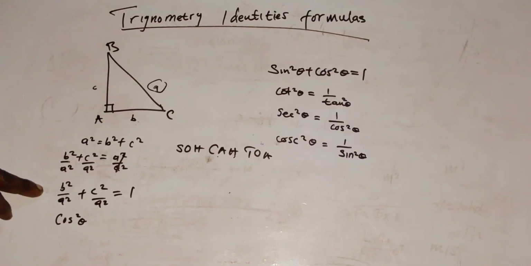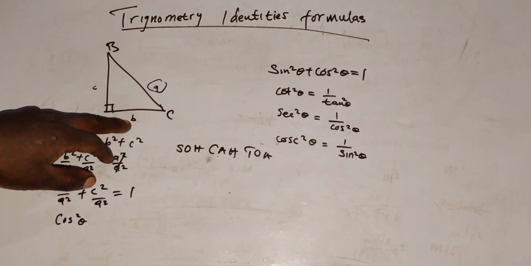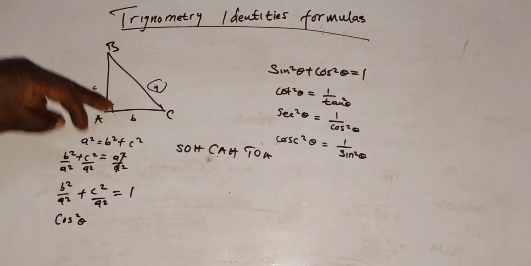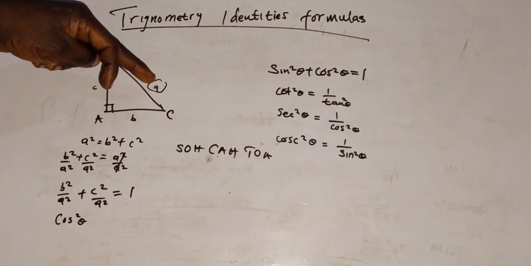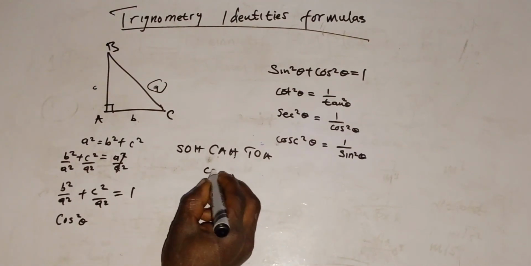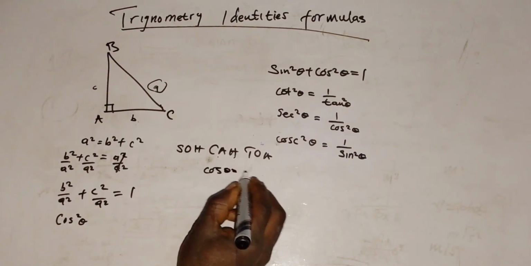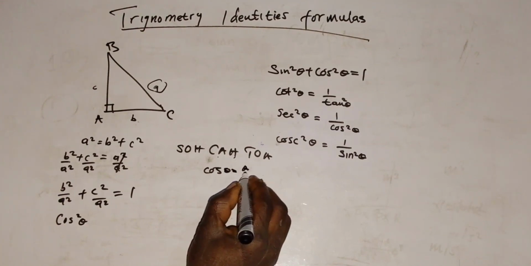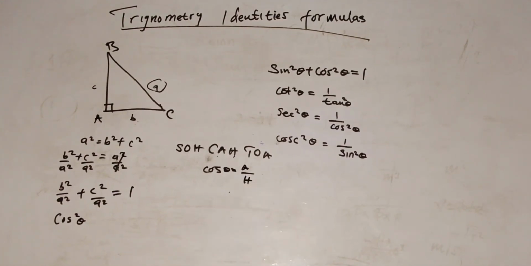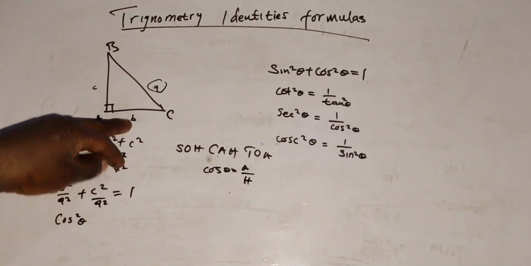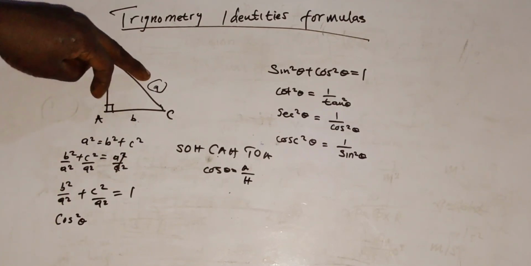If you are lost, cos theta equals adjacent over hypotenuse. From adjacent over hypotenuse, adjacent we have b and hypotenuse we have a.